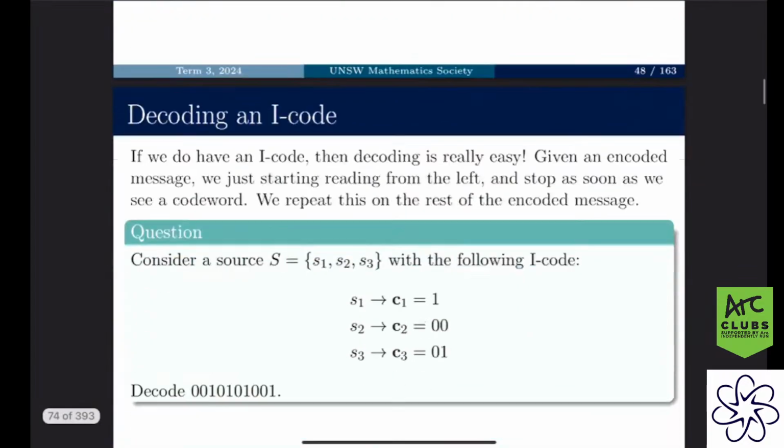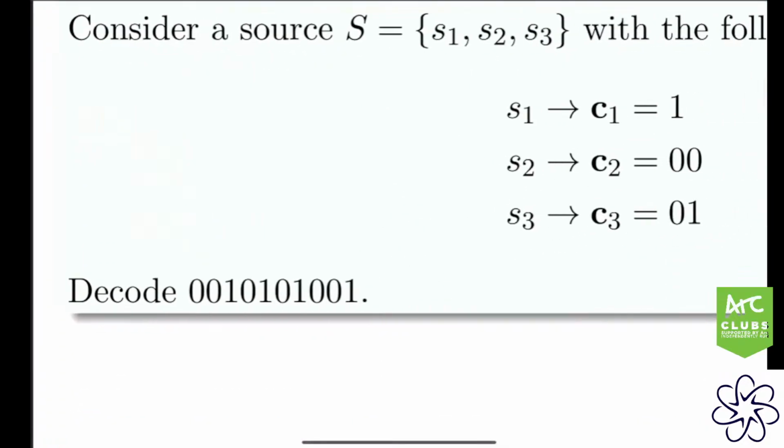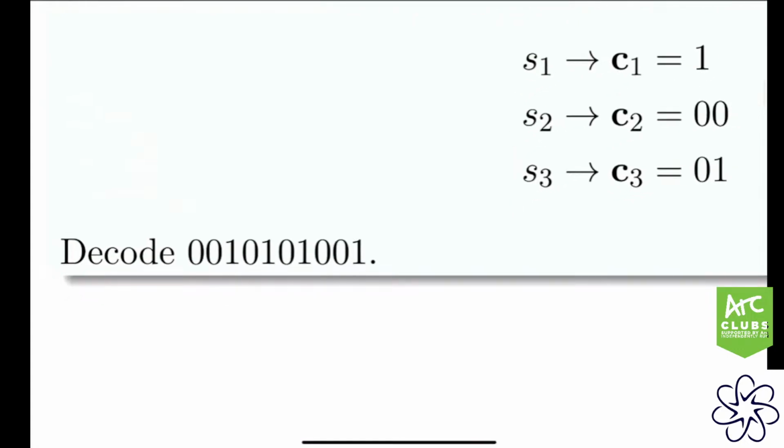All right, decoding an instantaneous code is really simple. So this is an instantaneous code, and we want to decode it. The way that we're going to do that is we're going to read left to right, and whenever we see a code word, we're going to stop and write down the source symbol for that code word. Okay?